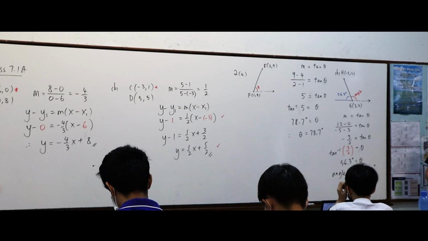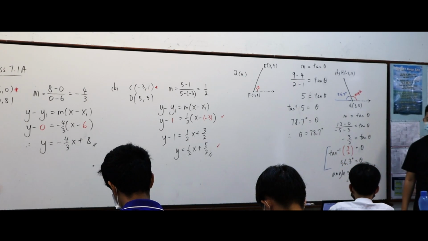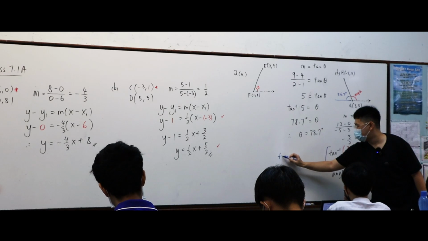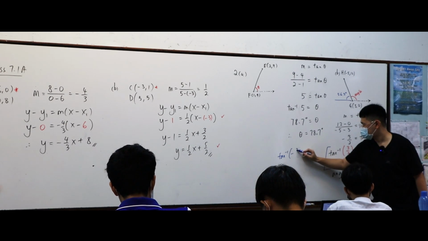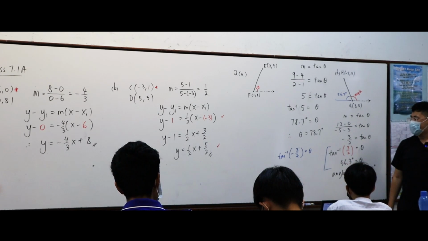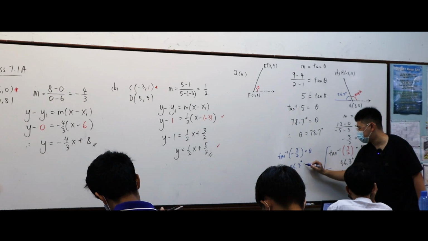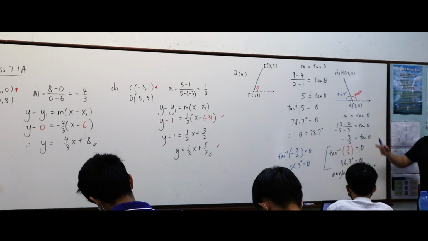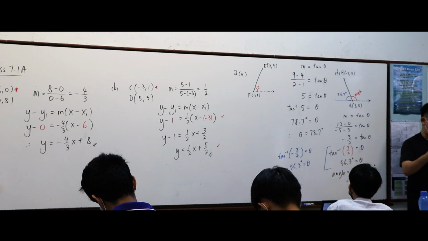Okay, the second way to answer this is, the calculation that you did for this part over here was tangent inverse of negative 3 over 2 is equals to the theta over here. So then over here you get a negative 56.3 degrees equals to theta. Now angles actually have a positive angle and a negative angle.